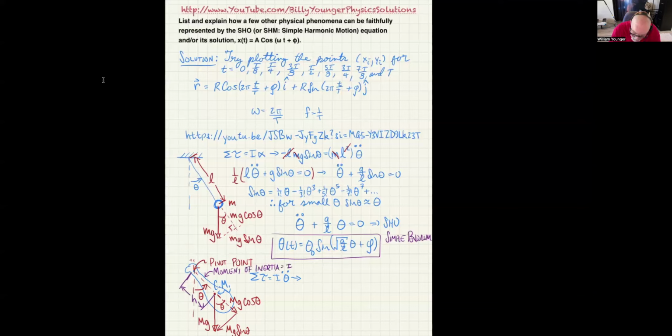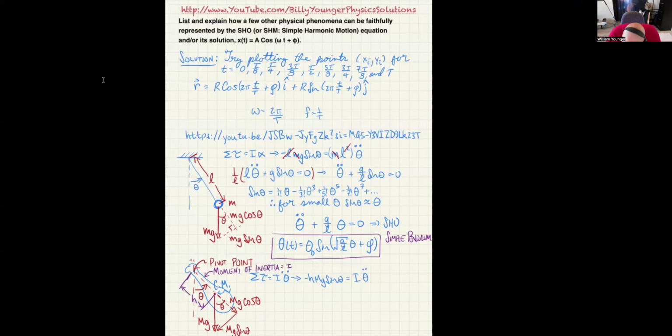So I'll just do a capital I. And with that in mind, I will have H times negative mg sine theta is equal to I, which I'm just going to call I, times theta double dot.